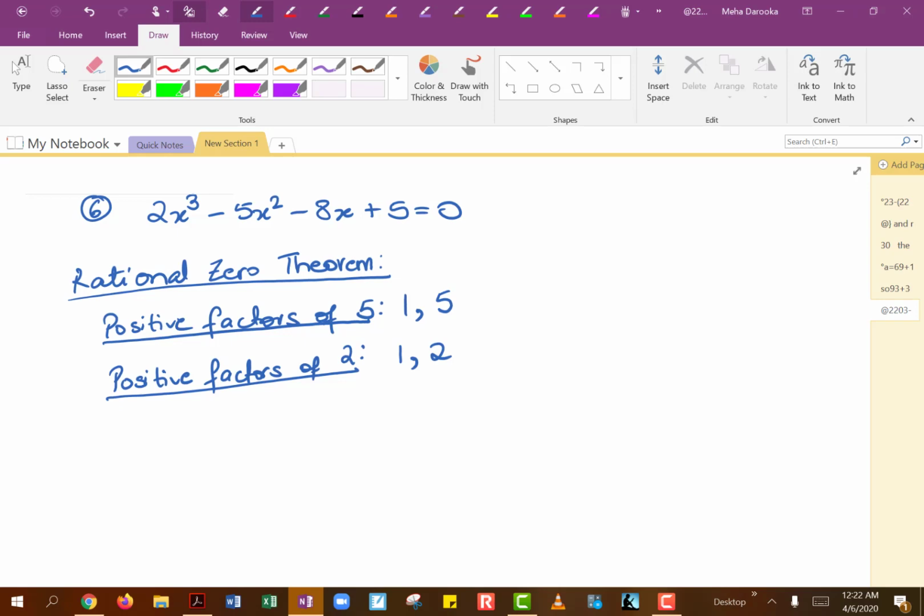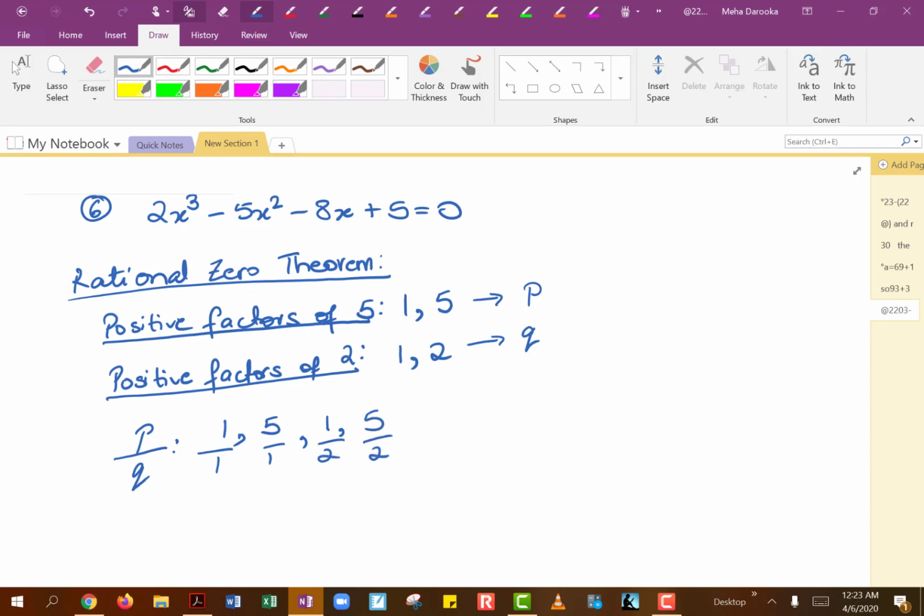Remember, we call this variable p, we call this q. So you're going to take p divided by q, and that will give you 1 and 5, which is our p, divided by 1 and 1, and then 1 and 5 divided by 2 and 2, right?